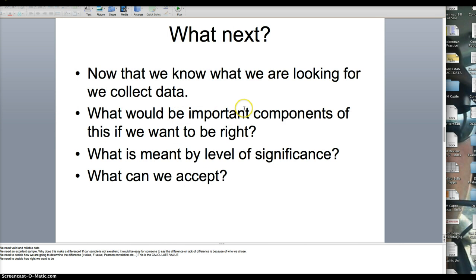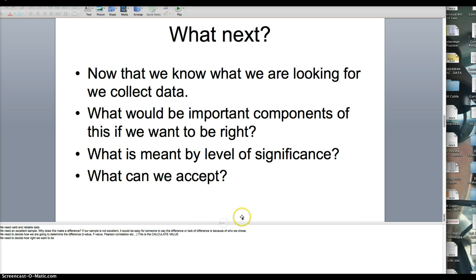So what happens next? Well, we go out and we collect data. We want valid data. We want reliable data. We need an excellent sample. We've gone through the sampling chapter. We want a sample that looks like our population. We want to make sure that the instrument that we're using is accurate. We need statistical data to make sure that if there's a difference, we can identify where the difference is.